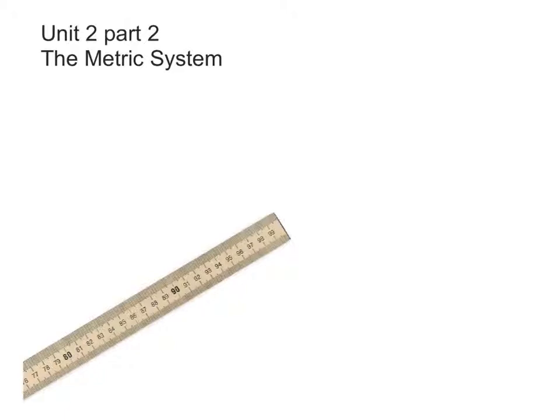One of the benefits of the metric system is that all of our changes in unit sizes are based on tens. It's also a standardized system, which means that scientists all over the world are using it.